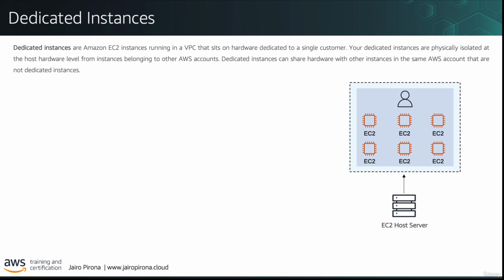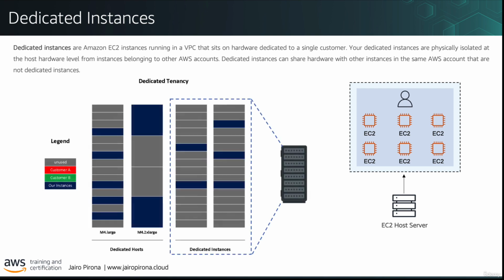But the difference is how it's dedicated to a host. With a dedicated host, you have complete control over that host, and you know that if you launch an instance on that dedicated host, that instance, even if you restart it, is going to stay on that same physical server. With dedicated instances, this doesn't happen.